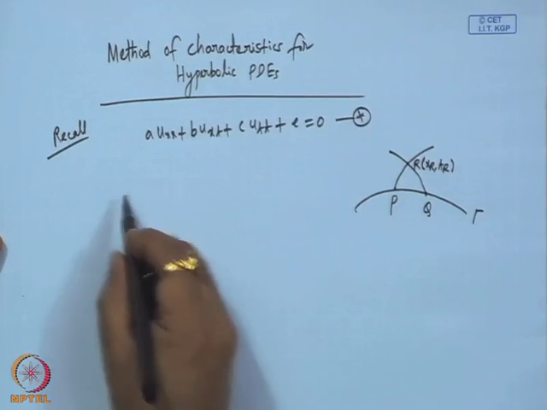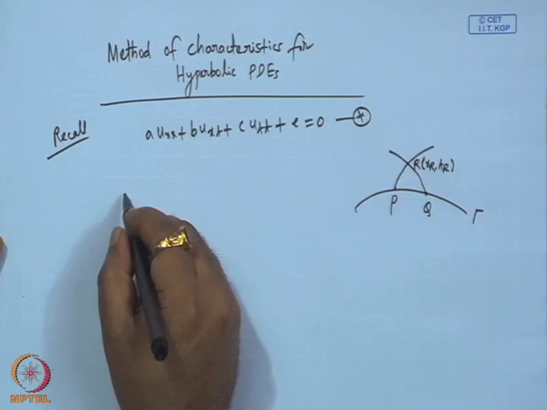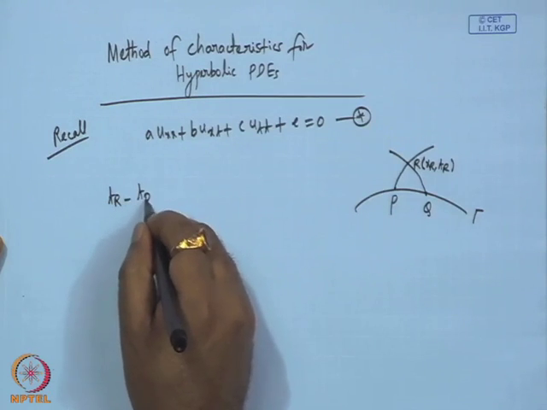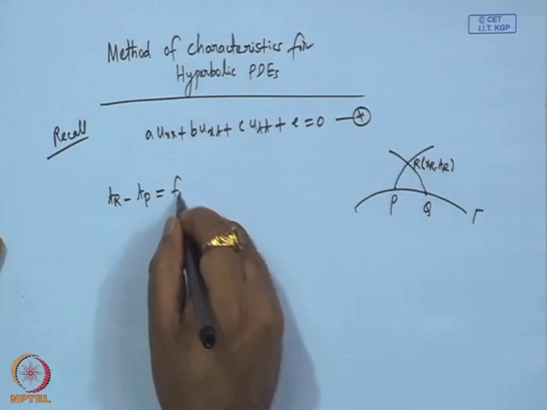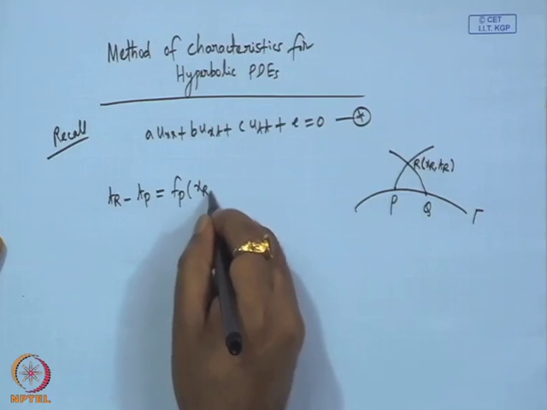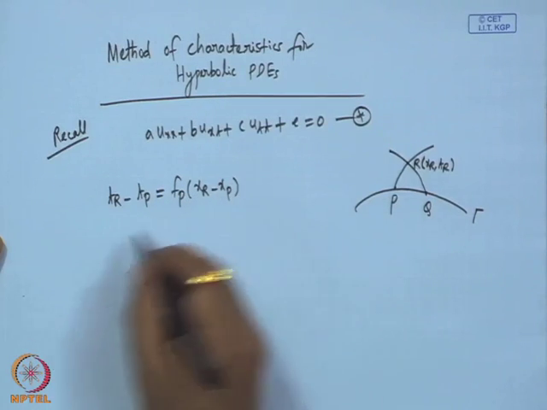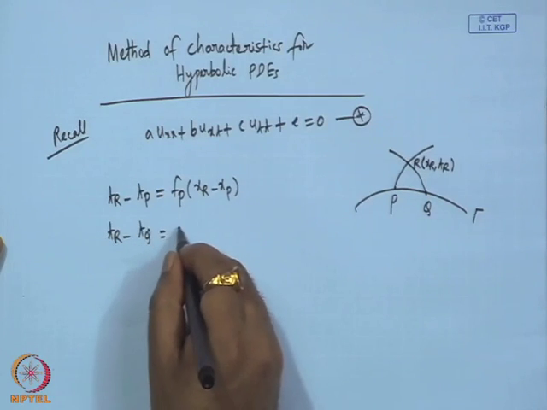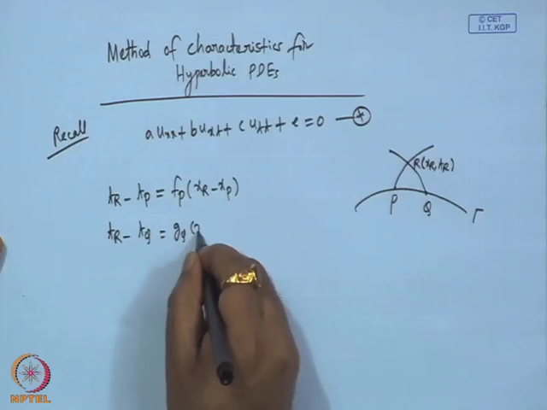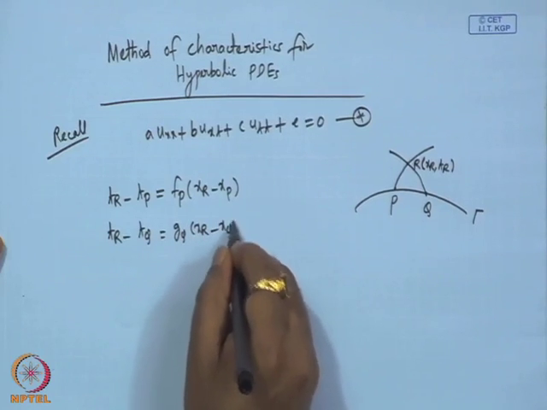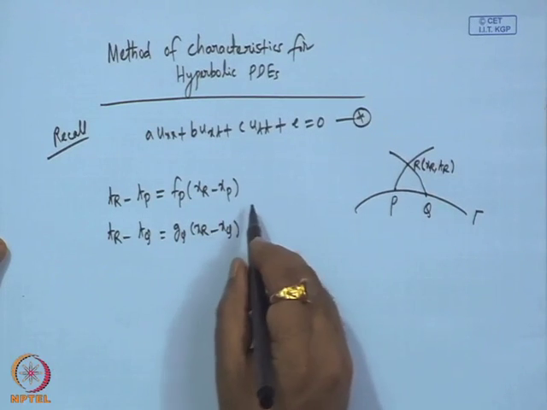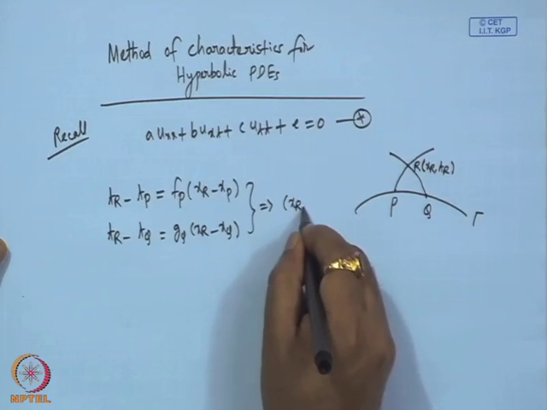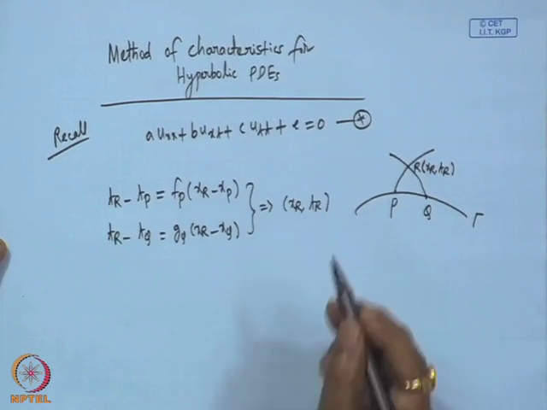So, now we have obtained these two equations in two unknowns. So, from here we get x r and t r.